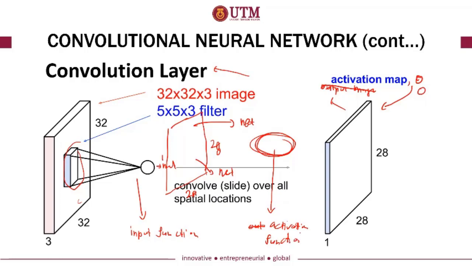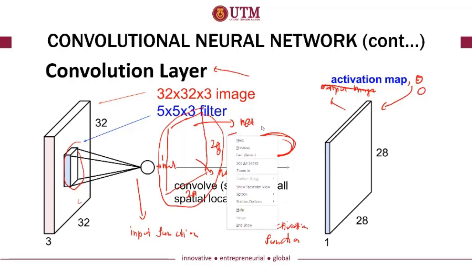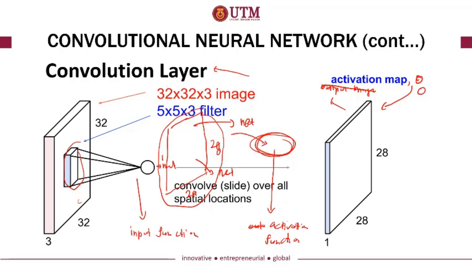So once you get the matrix of net, you will apply this matrix with the activation function before you can get this activation map. That's why I call this the matrix of your O. It's not the matrix of your net.